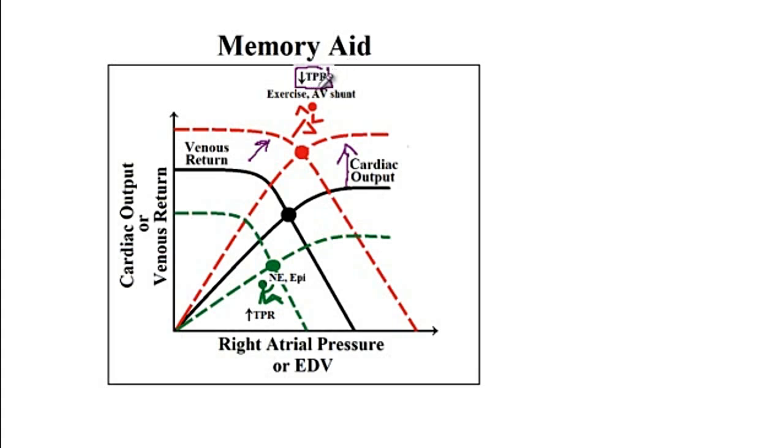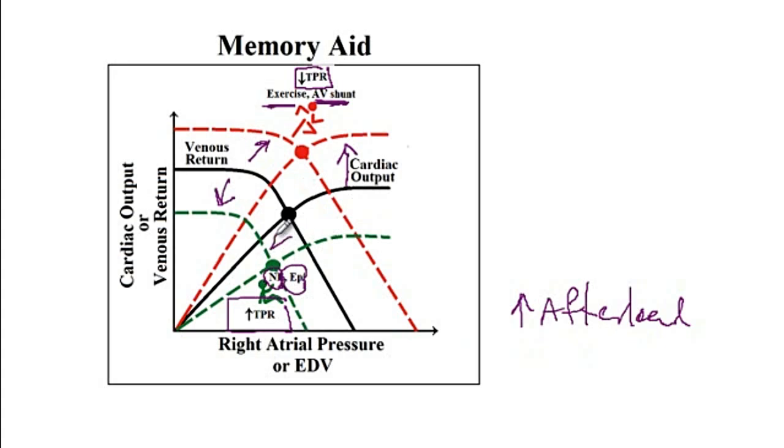Conditions that decrease total peripheral resistance include, for instance, exercise or AV shunt, and I will explain AV shunt in a minute. And conditions that increase the total peripheral resistance, so they increase the afterload, like for instance epinephrine or norepinephrine, will cause the venous return curve to shift downward, and the cardiac output curve also to shift downward. So the whole point has moved downward because of decreased venous return and decreased cardiac output.